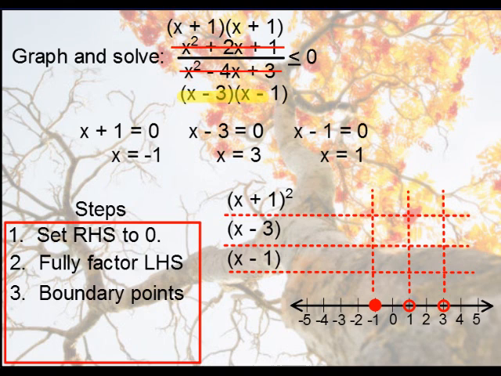However, we don't really have to worry about that here, because of the magic of 0. We're going to plug in some numbers and test each region, and we only want to see if the answer comes out positive or negative. You'll notice right here it says less than or equal to 0. So what we really want is: does the answer in the end come out to be negative?